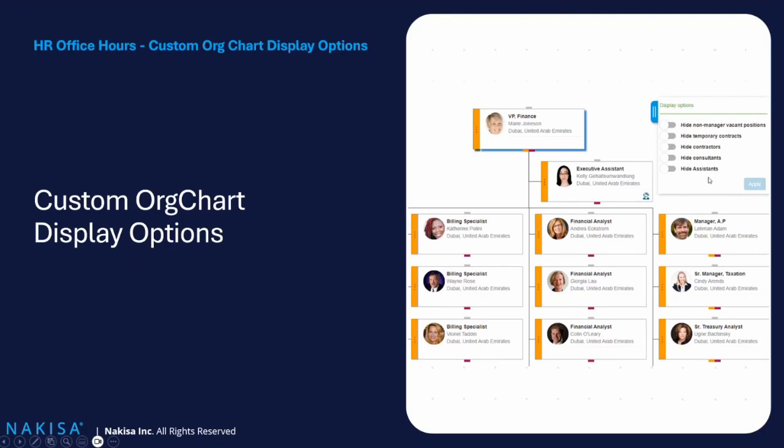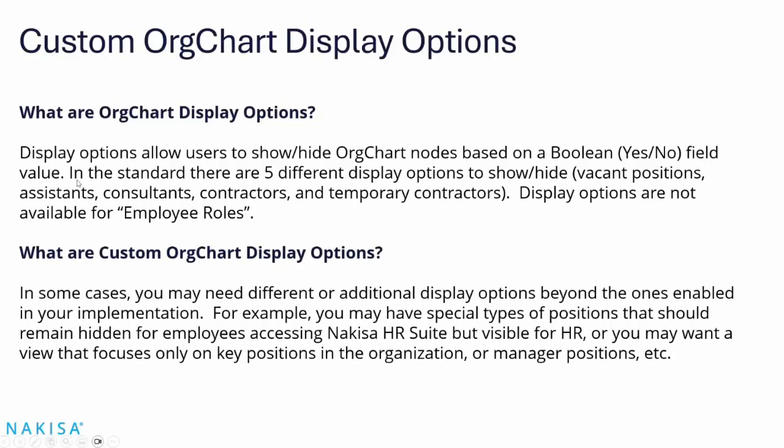Okay, so that brings us to the second topic, which is the custom org chart display options. Of course, what does display options mean? We'll start with that. So display options are a way for the users of Nakisa HR Suite to show or hide org chart nodes based on specific criteria.